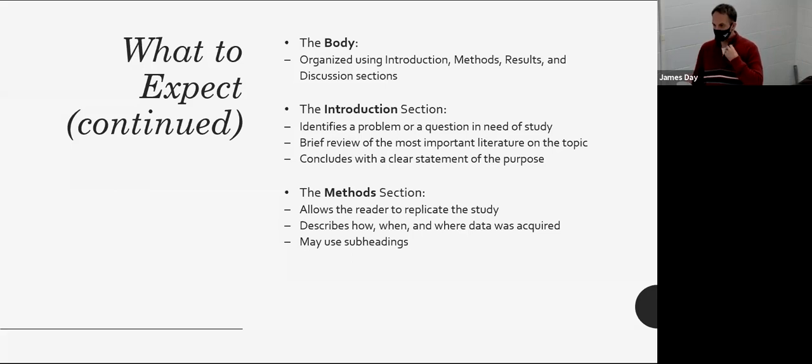We're going to skip a lot of the results because what we're really going to go for is the tables in the results. But the methods are by far the most important section of the paper, and the reason for that is the methods are going to answer the question of, is this study applicable to you?